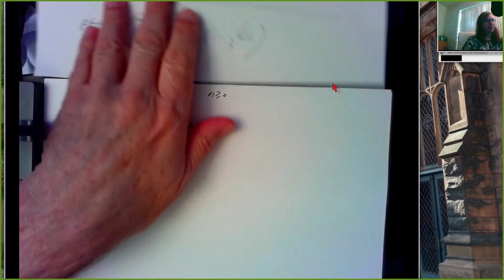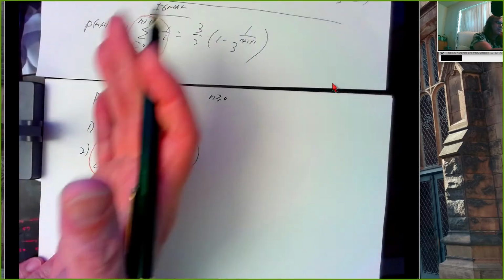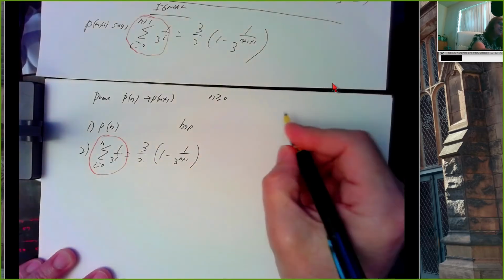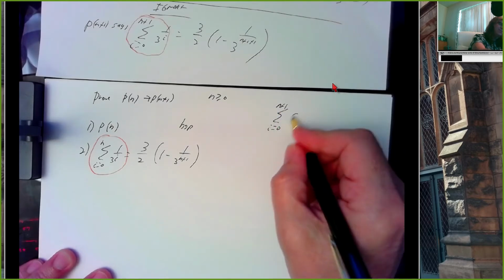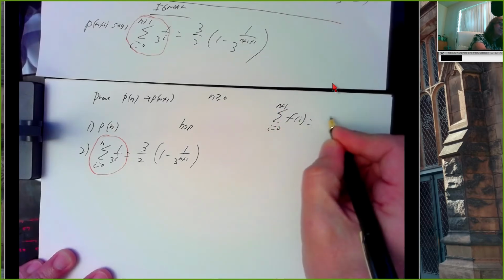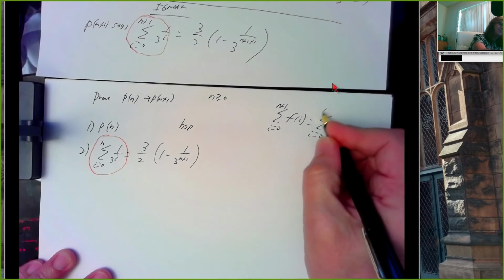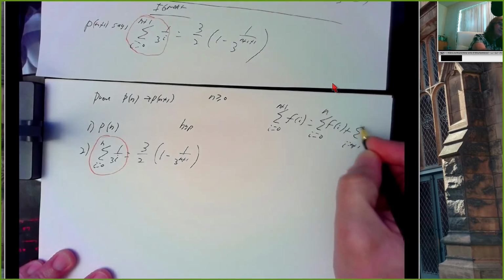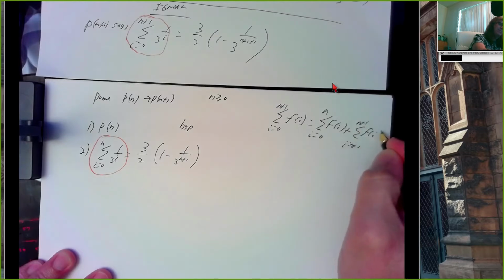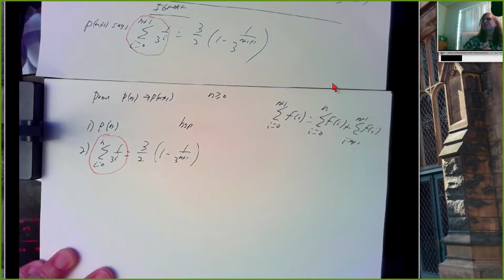And the simple way is, summations have this cool property. If you want the sum from i equals 0 to n plus 1 of some function, it's the same as the sum from 0 to n plus the sum from n plus 1 to n plus 1. Right, we can split these sums into pieces.